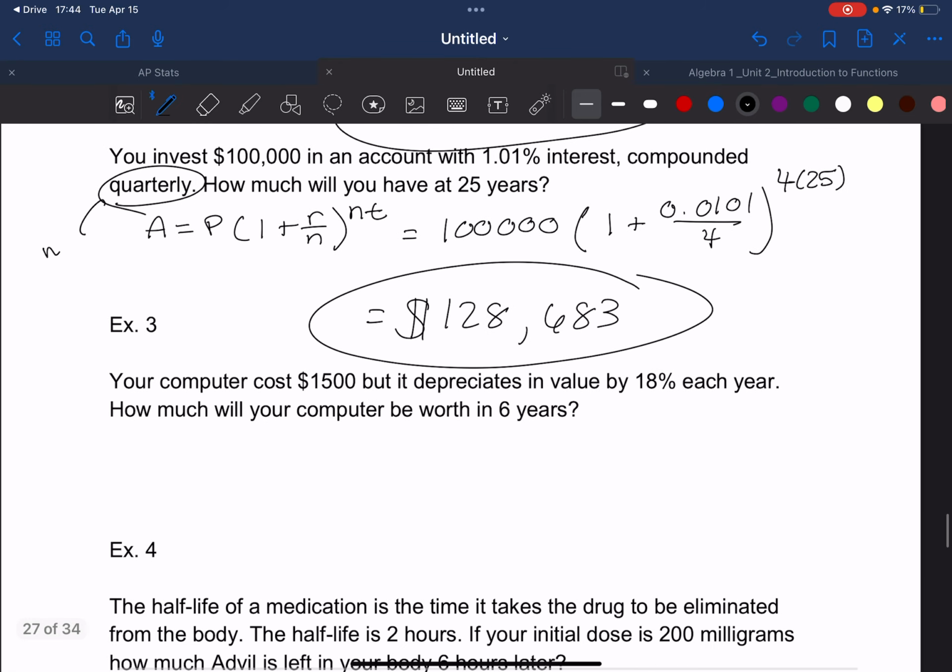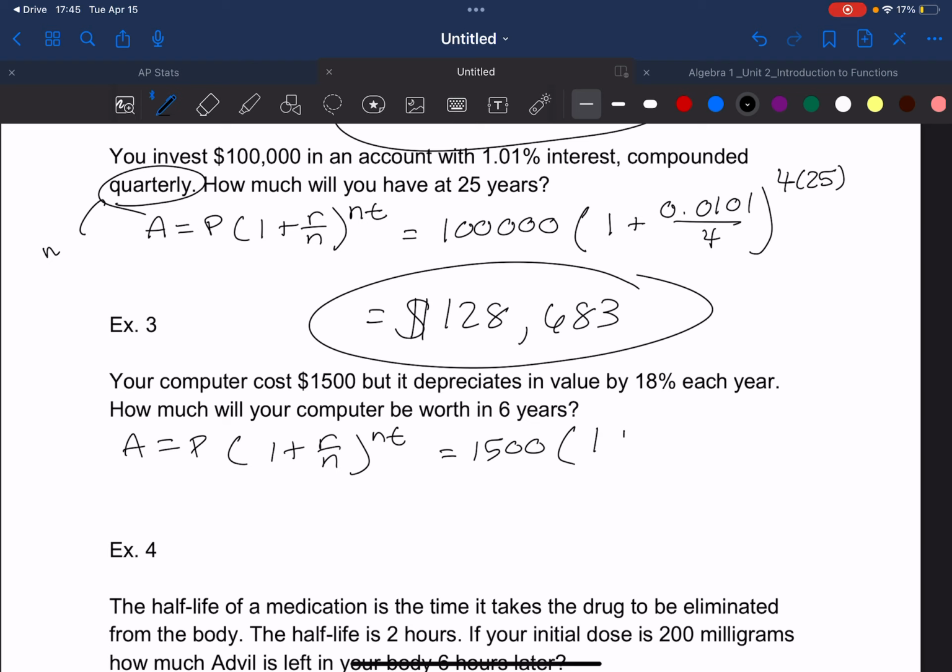Okay, number 3 says your computer costs $1,500, but it depreciates in value by 18% each year. How much will your computer be worth in 6 years? So we're still using that interest formula. A is equal to P times 1 plus R over N, to the power of NT. So $1,500 is our initial value, how much you paid for your computer. But since it says it depreciates, we're going to make sure that our rate value is negative.